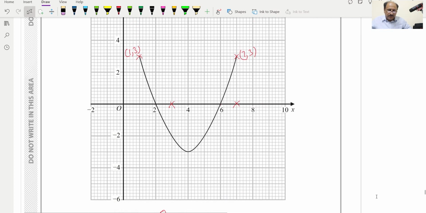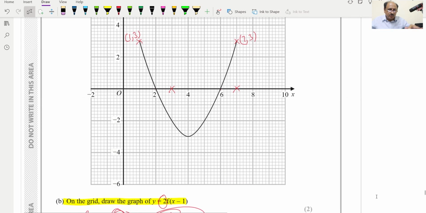And now we can stretch the lower side also. This point is 4 and minus 3, so it will be changing to 5 and minus 6. 5 and minus 6, this will be the coordinate.